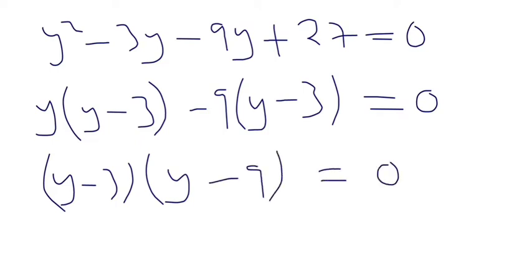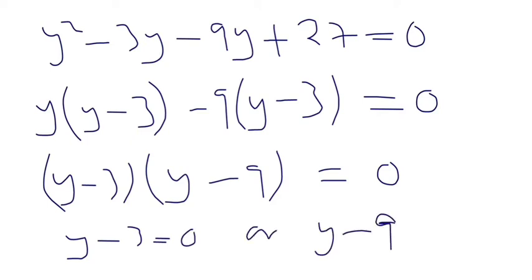So this implies that either y minus 3 or y minus 9 is equal to 0. Either one of the two can be 0 or both of them can be 0 for us to get the answer 0, because 0 multiplied by anything is a 0. So this basically implies that y minus 3 equals 0 or y minus 9 equals 0.